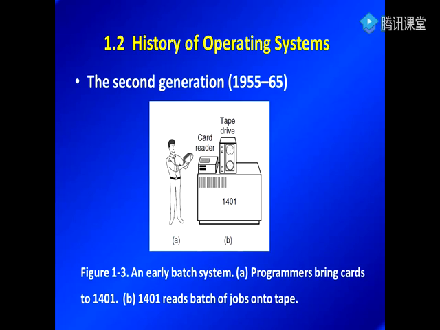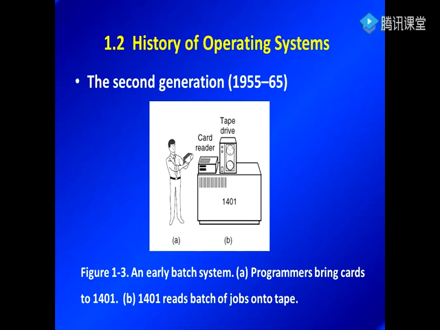So you can see the programmers first have to write the program and put it onto the punched cards. The computer cannot read directly from the cards to get the program.